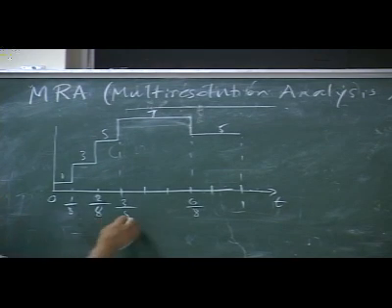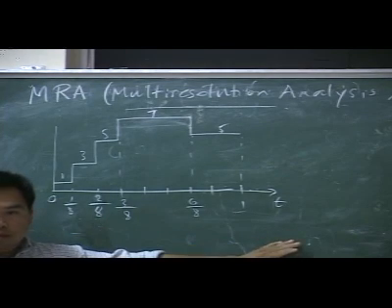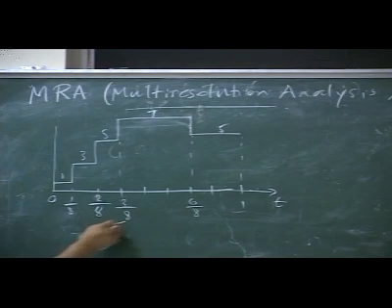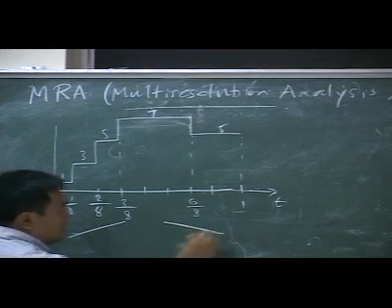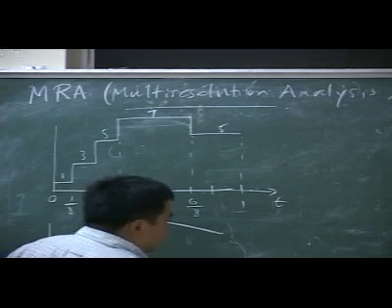The first thing I'm going to do is represent it in multi-resolution. I will have a coarse approximation and the details. Is that clear? So tell me how to find a coarse approximation and detail for that signal. What would a coarse approximation look like?